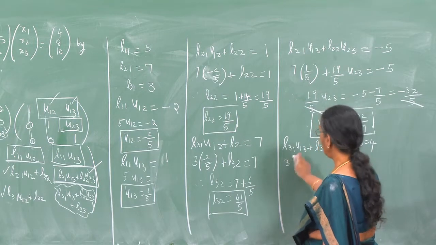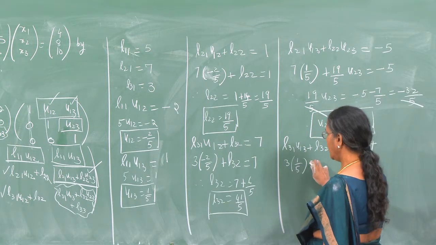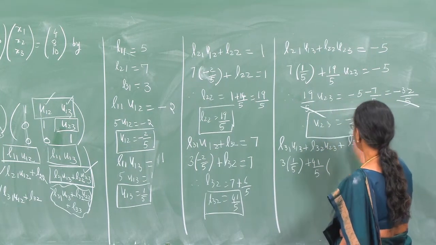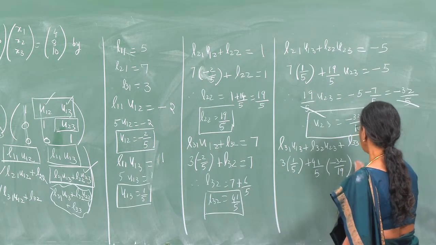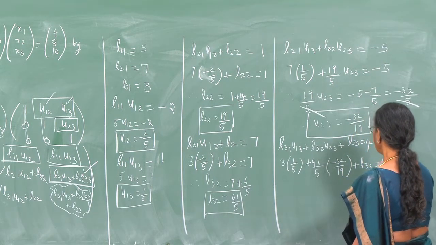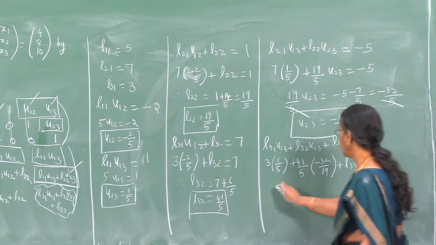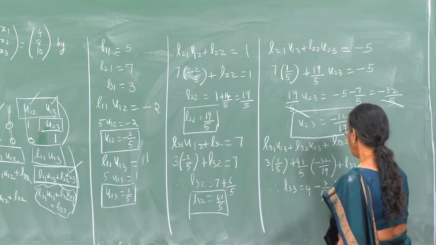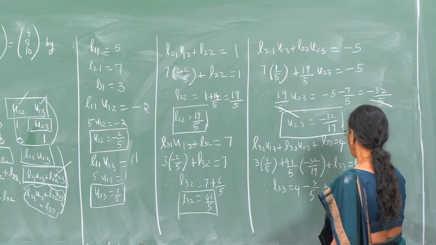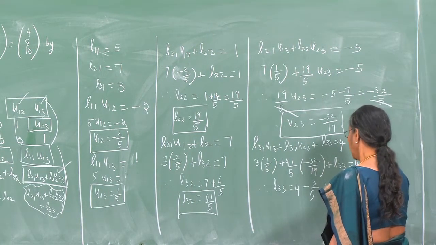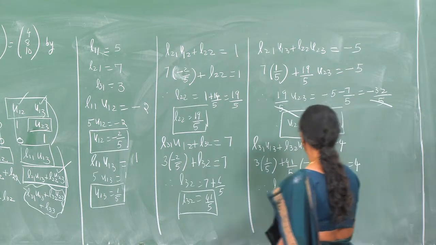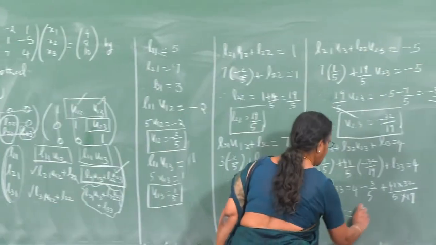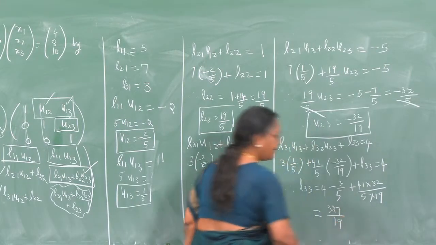L31 is 3, U13 is 1 by 5, L32 is 41 by 5, U23 is minus 32 by 19, L33 is an unknown to be determined. So, therefore, L33 is 4 minus 3 by 5 plus 41 into 32 divided by 5 into 19. We simplify this and write down the value of L33. It turns out to be 327 by 19.